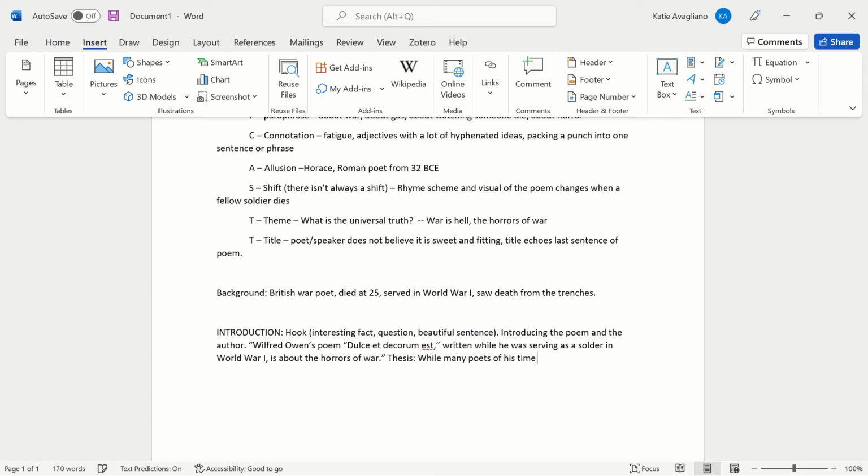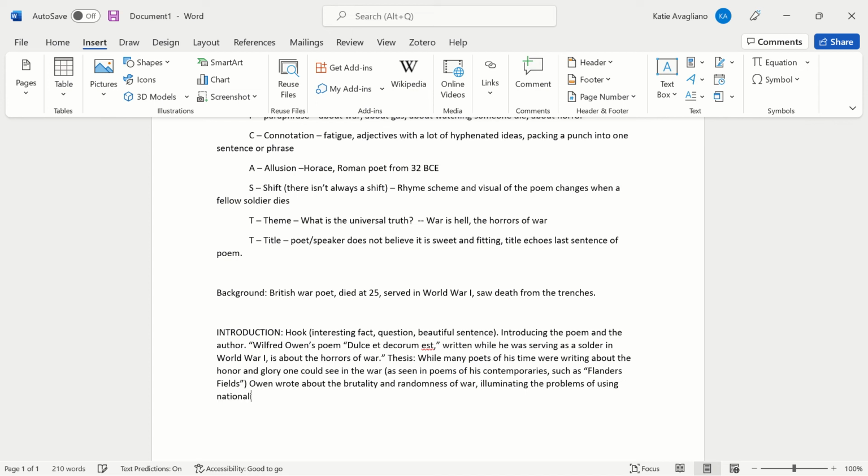So, while many poets of his time were writing about the honor and glory one could see in the war, as seen in poems of his contemporaries, such as Flanders Fields, in case I wanted to write about a second poem, Owen wrote about the brutality and randomness of war, illuminating the problems of using nationalism to spur children, a generation of Edwardian youth to the battlefields.